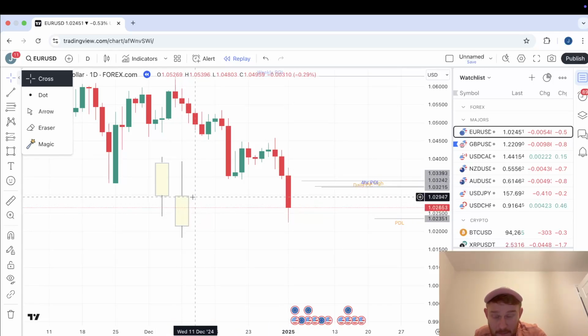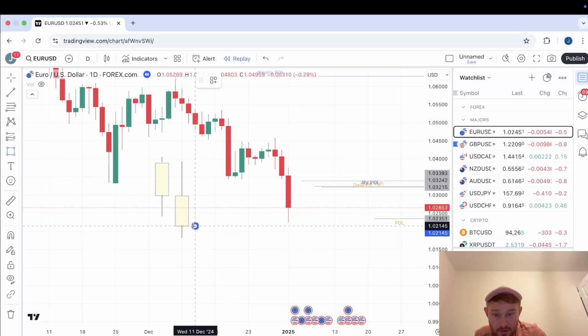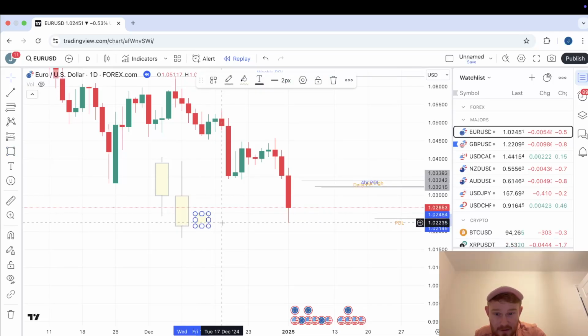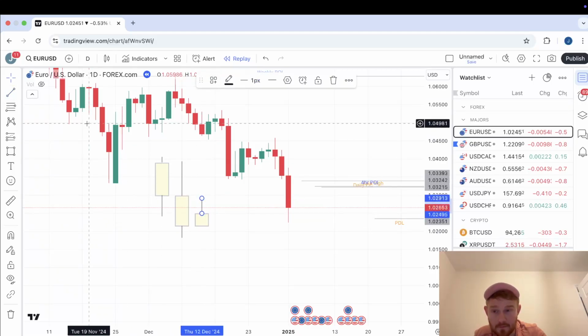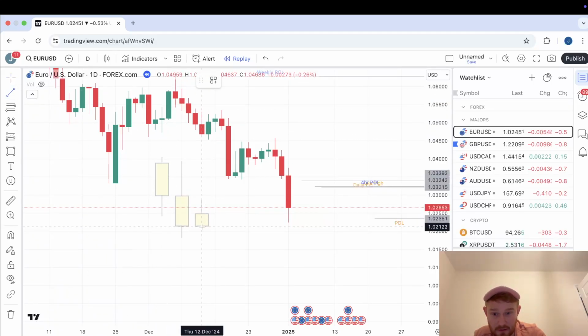This means that price opens here and closes here. Then for the next day, price would open here, and let's say maybe the next day there's a little bit of bullish momentum, with your wicks either side.